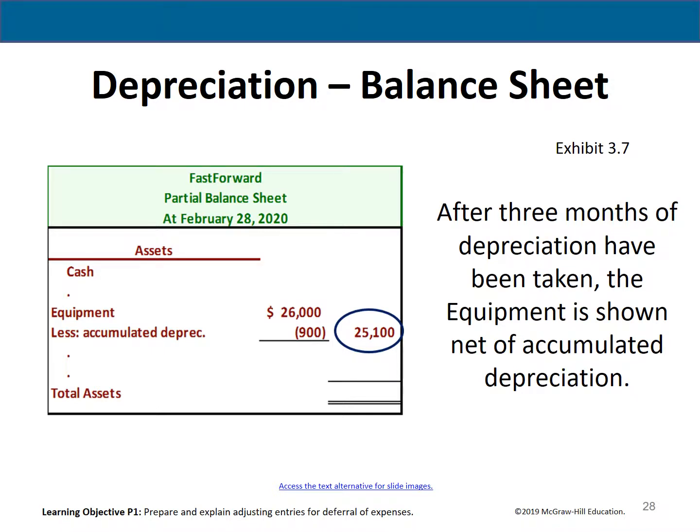Now this is the balance sheet as of February 28th, 2020. So there would have been depreciation expense recorded for December, we saw that 300, all of January, and all of February. So by the end of February, there's a $900 balance in the accumulated depreciation account. Subtract that from your equipment and report the net, or what we call the book value, on the balance sheet.